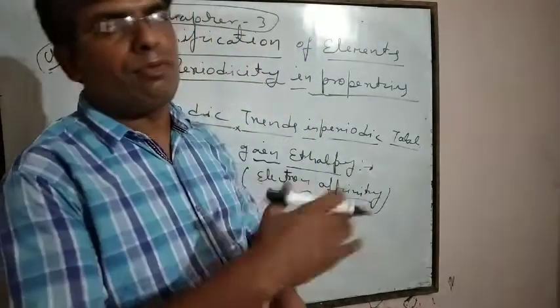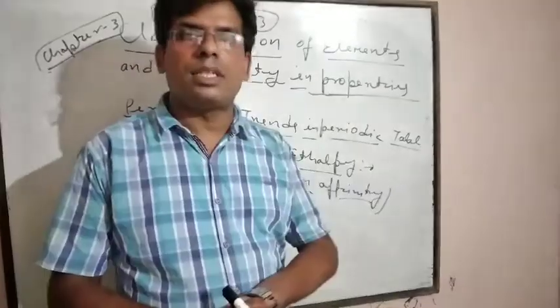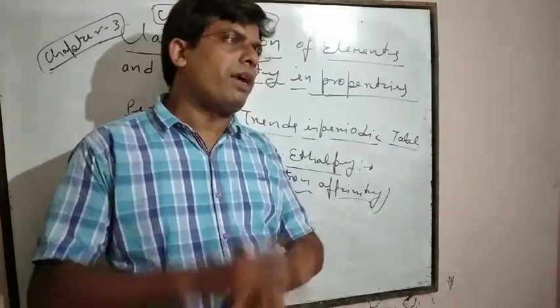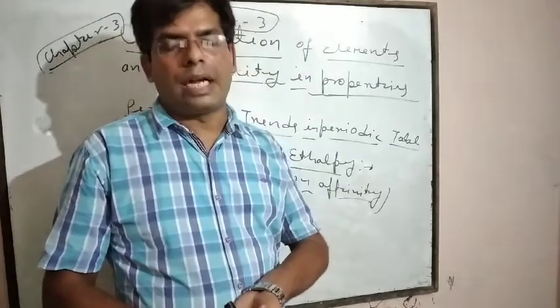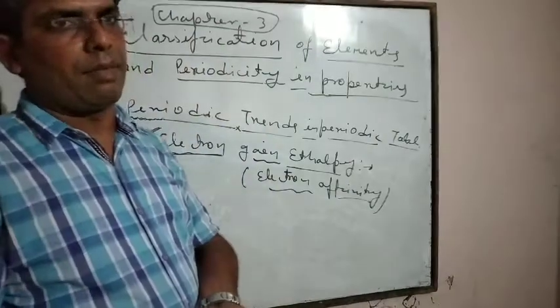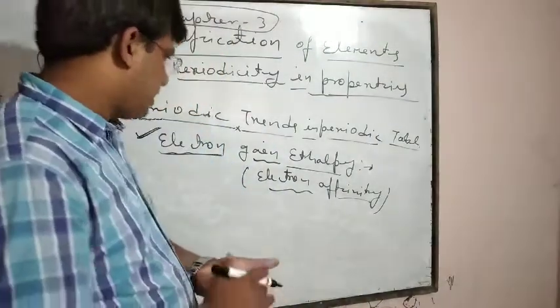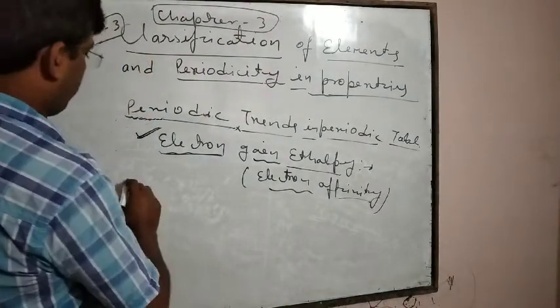But while moving from top to bottom in a group, the negative value of electron gain enthalpy decreases. In this way, we can explain the variation of electron gain enthalpy.